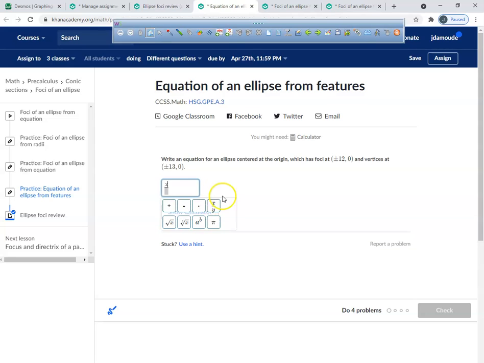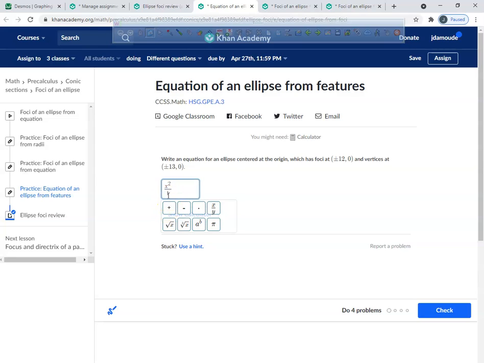So we have x squared over 169 plus y squared over 25 right here equals 1.